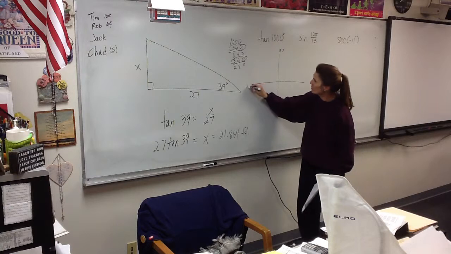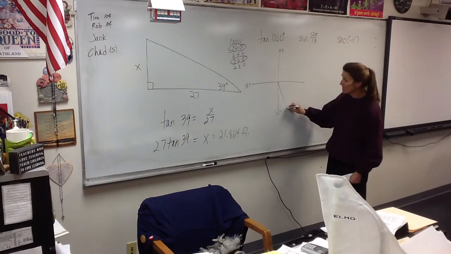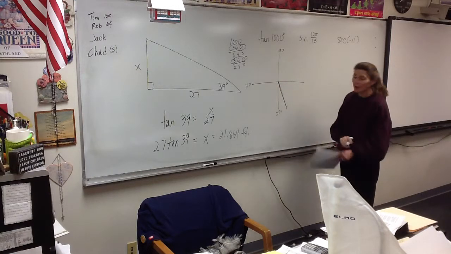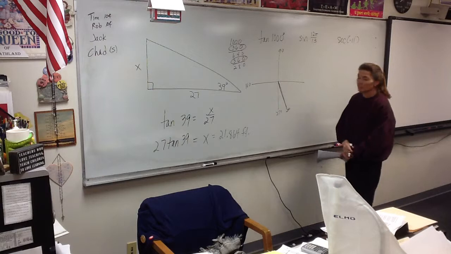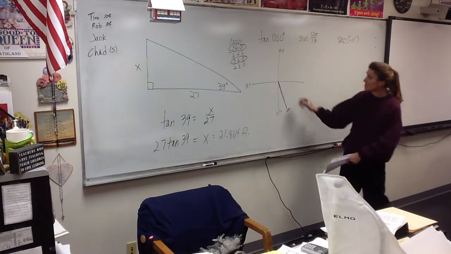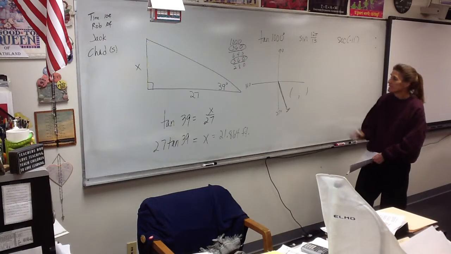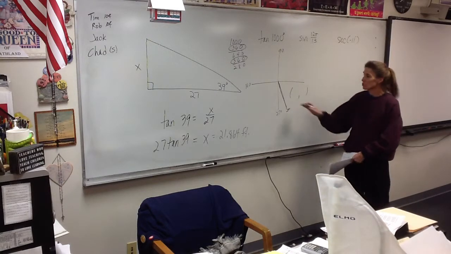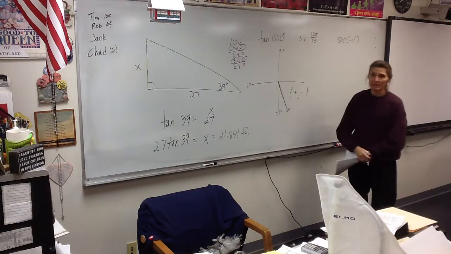Well, where am I going to put that extra 280 degrees? Wouldn't it be right here? Wouldn't this be the extra? Yes, it's just past 270. What can you tell me about x and y in this quadrant? This is quadrant 4. X is positive, y is negative.